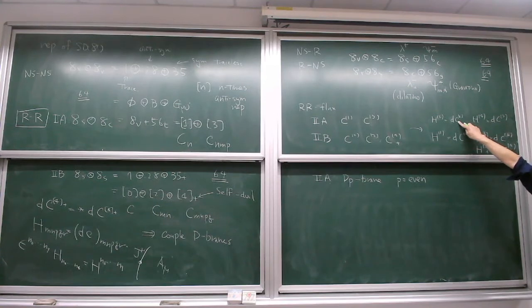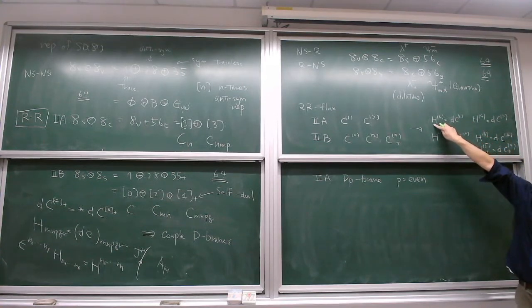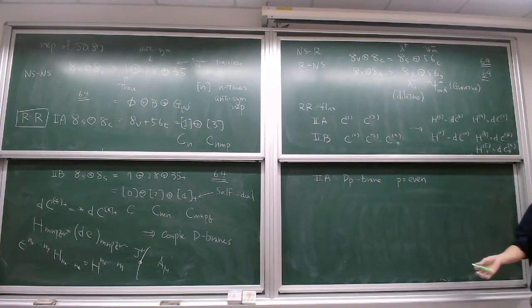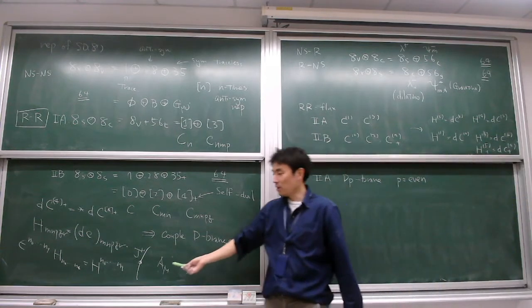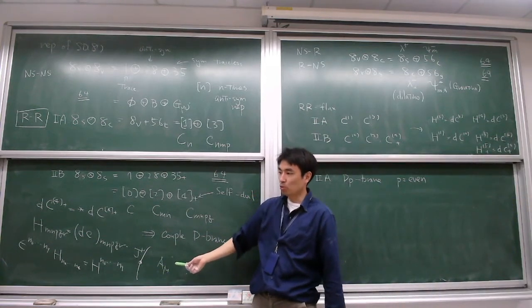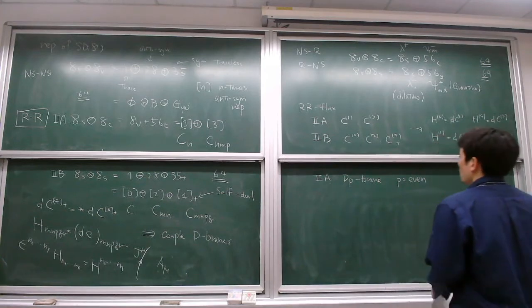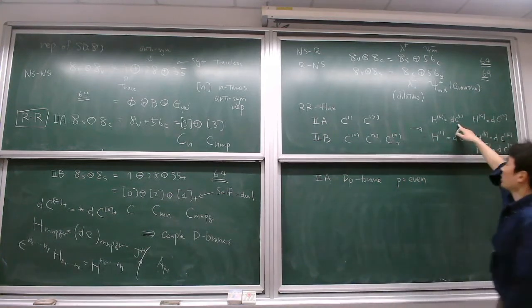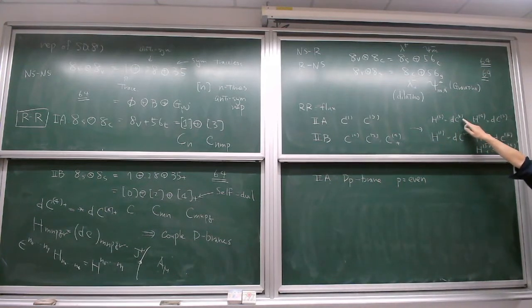One-form whose flux is a two-form. Okay, so the electromagnetic field is F mu nu. It's a two-form. So the D0 brane couples to the C1 form, and C3 is the D2 brane. Okay, D2 brane.